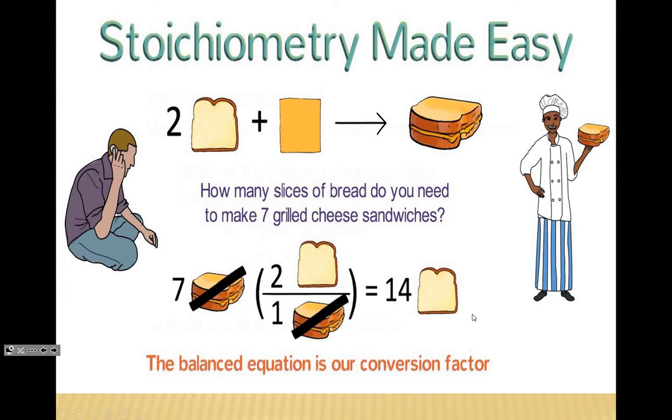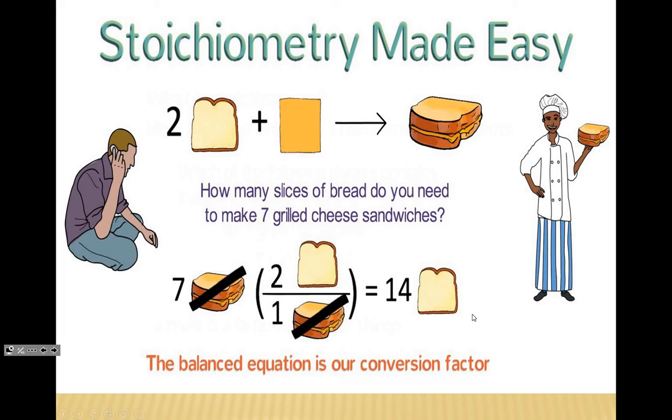Okay, so what if I want to make 7 grilled cheese sandwiches? So I'm making 7 grilled cheese sandwiches. I need, yes? I would call the office because I don't know how he's got it set up and then ask for this.